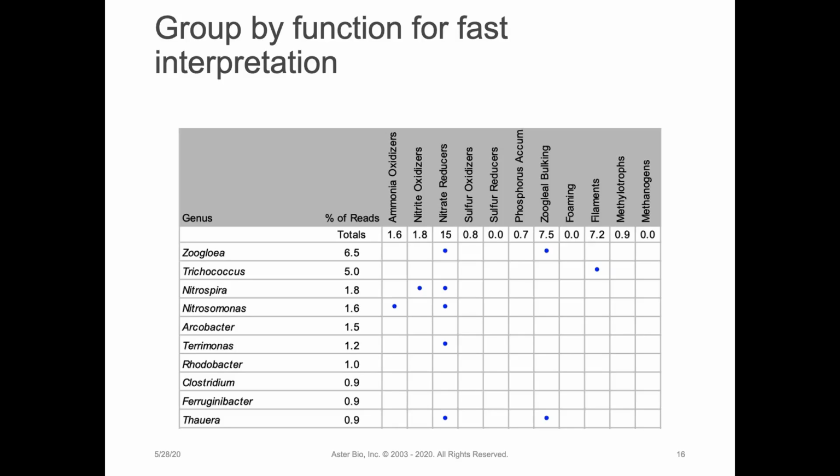We know from experience that this level of Zooglea, 6.5%, is moderate and probably not associated with bulking at this time. You also see the amounts of Nitrospira and Nitrosomonas that are present. These are very common levels for nitrate and ammonia removal in most municipal systems.